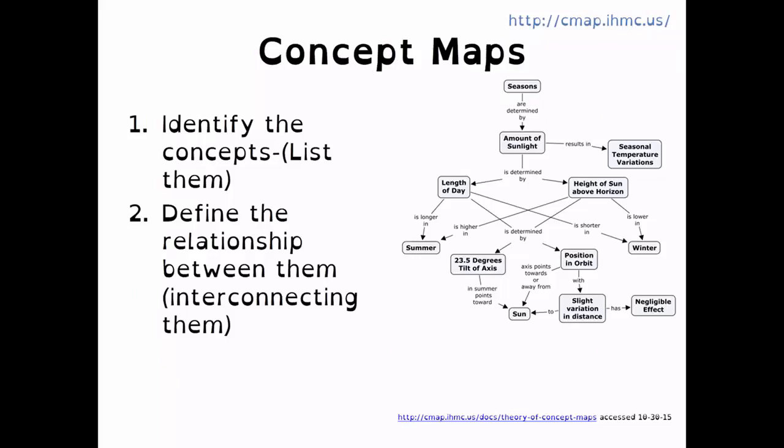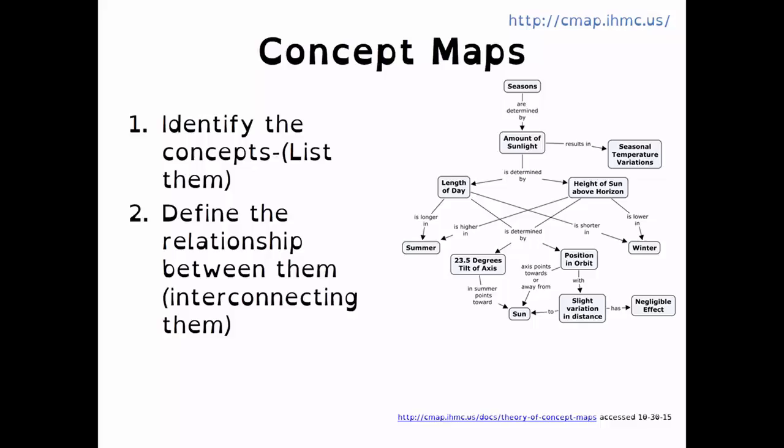Another way to do this is concept maps. So the software up here is free. It's cmap.ihmc.us, and it's really great for longer projects or group projects. And what you can do is give them a list of terms, and you can have them make interconnections.